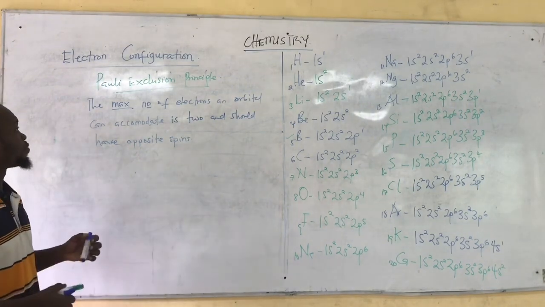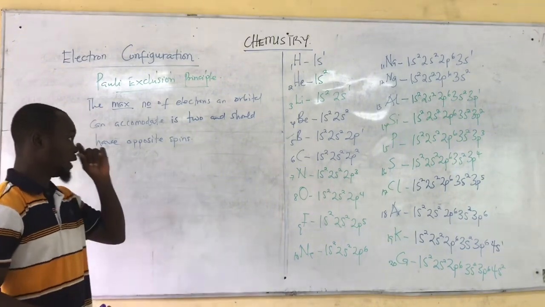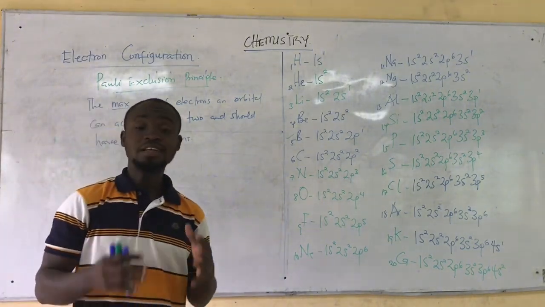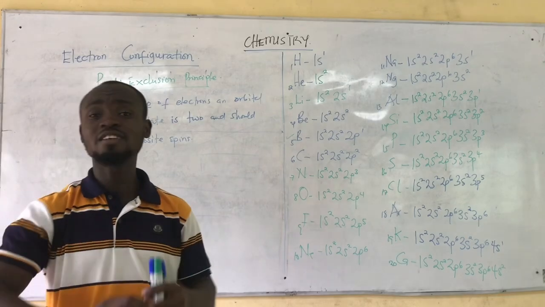So the maximum number of electrons an orbital can accommodate is 2, and it should have opposite spins. That is the Pauli exclusion principle. That is the whole ideology.